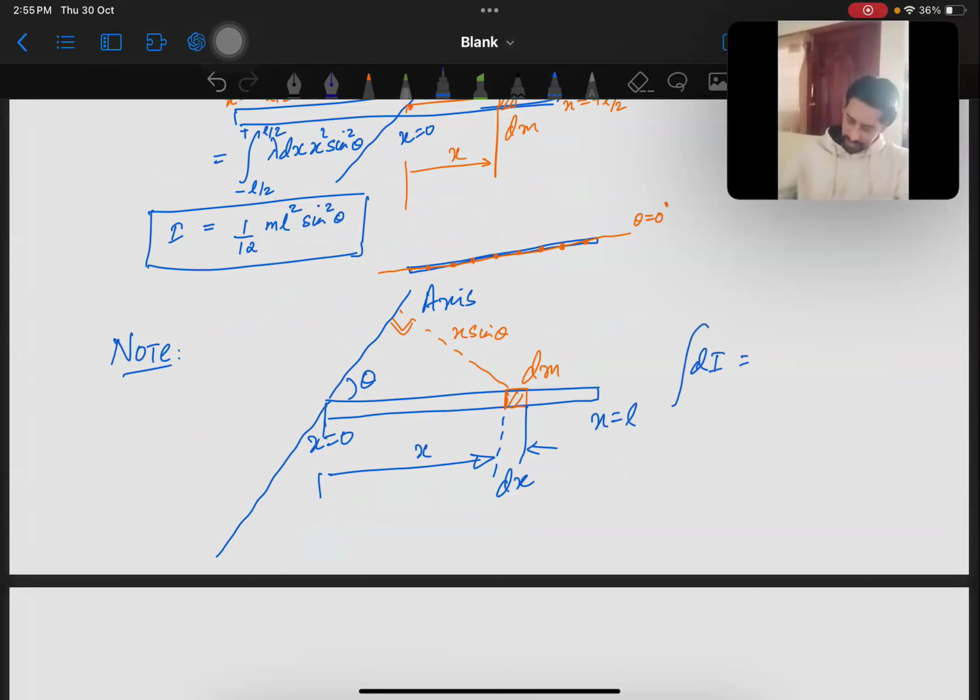This is nothing but dm into x sine of theta the whole square. Limits would be from 0 to L. And once you do this integration, I want you to do this because you guys are now my students. So the dm is lambda dx. You substitute this over here and put the lambda as finally M by L. You should get it as 1 by 3 ML square sine square theta.